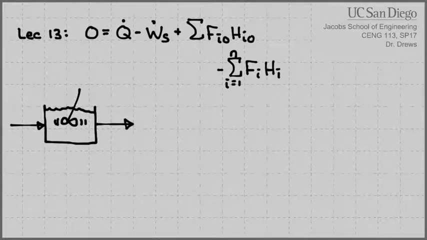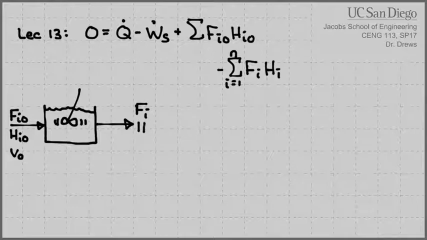In terms of those parameters that we got up on the energy balance there would be a molar flow rate coming in along with some enthalpy of each one of those species coming in, and some volumetric flow rate V naught. And then similarly, stuff coming out, Fi, Hi. Normally V coming out is the same as V coming in, because most of the time, again, with CSTRs, we deal with liquid CSTRs. It's unusual to have a vapor, but not impossible.